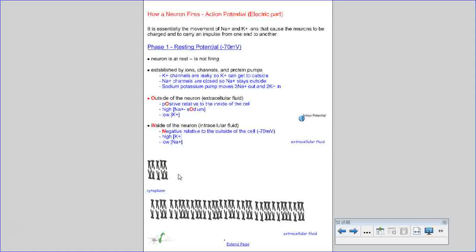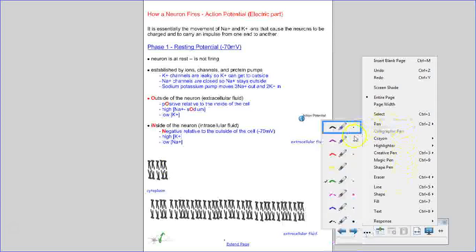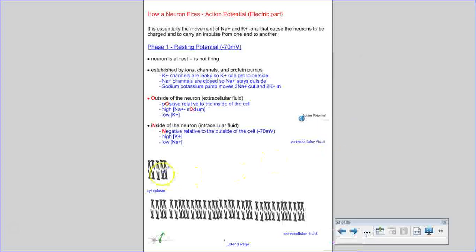And in a neuron, there's a lot of ion channels, certain ion channels. So we're going to do a little sketch here. It won't be as difficult after the first few. Okay, so when the neuron is resting, there's one ion channel that is kind of leaky.